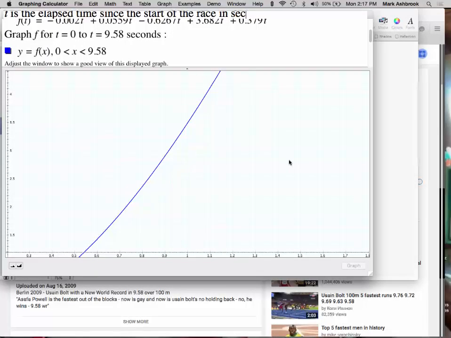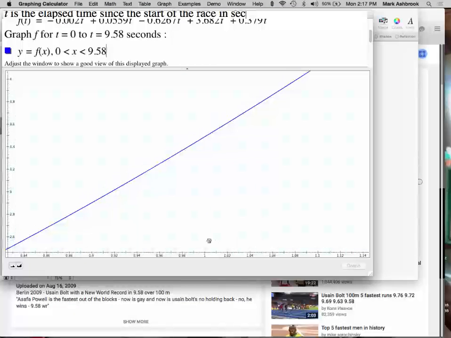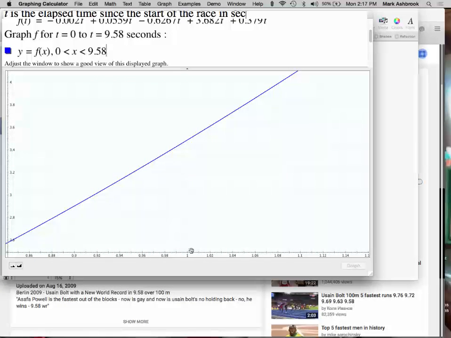Am I zoomed in far enough to consider this a moment? Why not? It's still curved, right? Within a moment, we want to see essentially constant rate of change. So I'm going to come over here, Shift, click. How about now? I would say one more time.